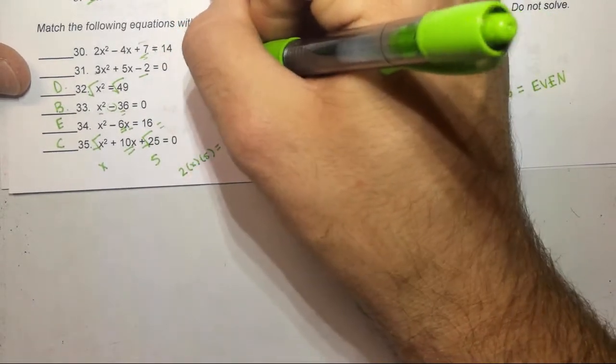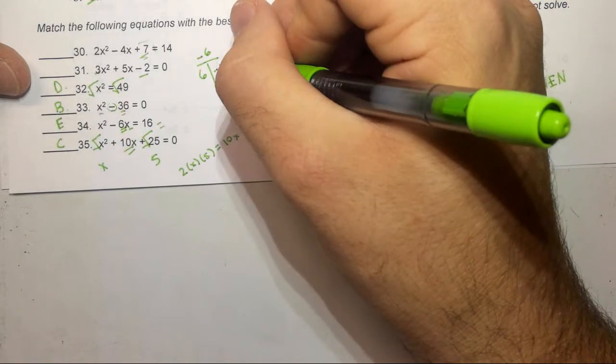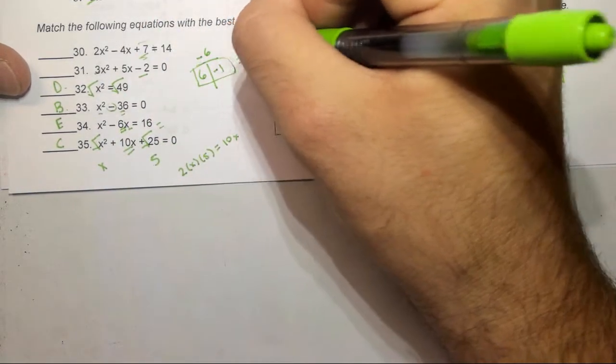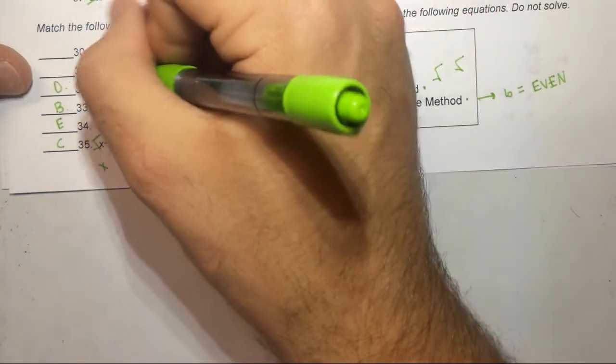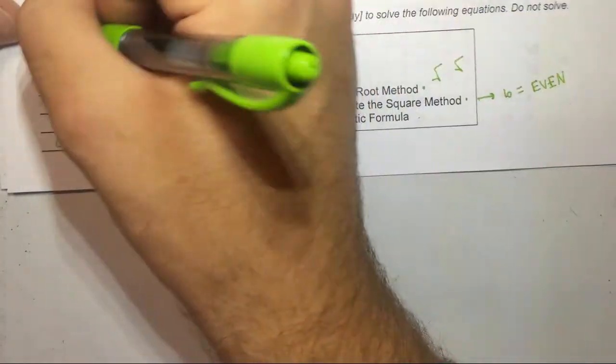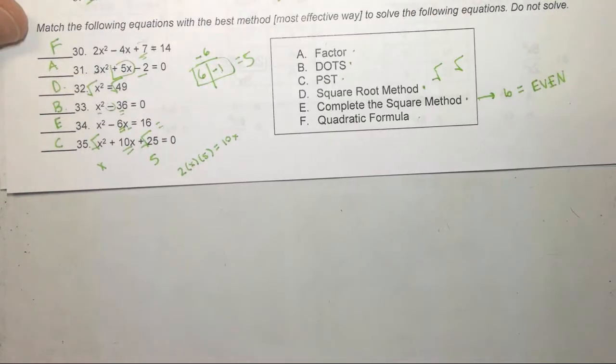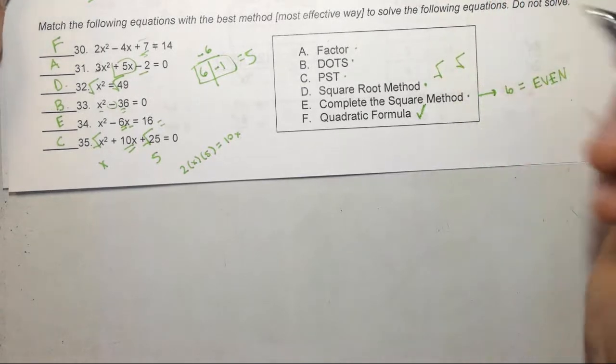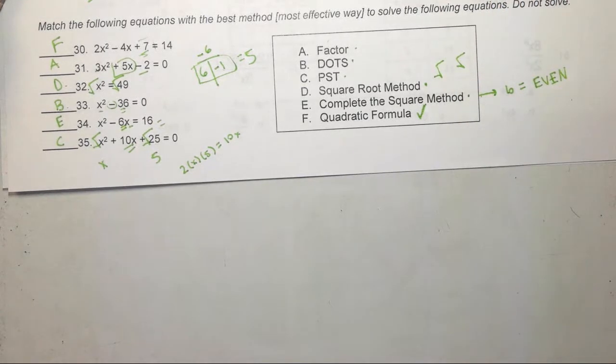There is. 6 and negative 1. 6 times negative 1 gets negative 6. 6 plus negative 1 gets me 5. So this one I know I can factor, and the top one, I know I can do quadratic formula. I would always save quadratic formula for last because you always know quadratic formula can solve it.